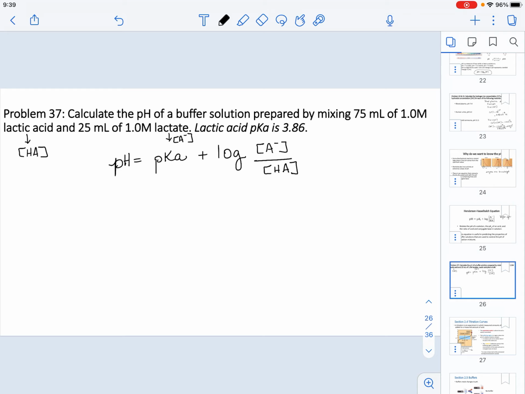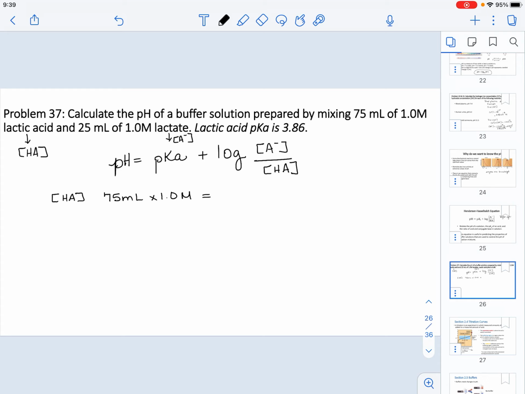So in this system, to understand our concentration of HA, we can utilize the dilution equation, saying that we have 75 milliliters of a 1.0 molar concentration of lactic acid.